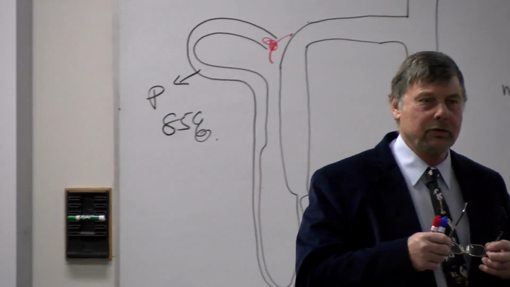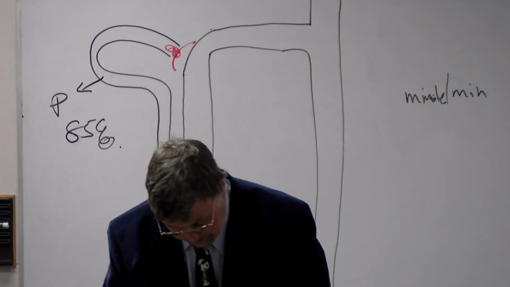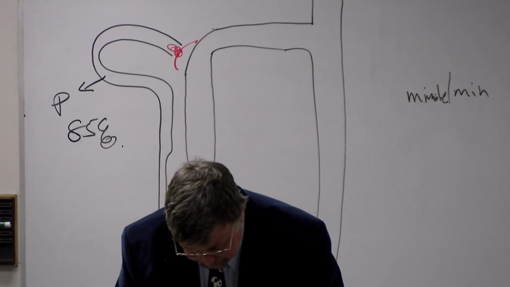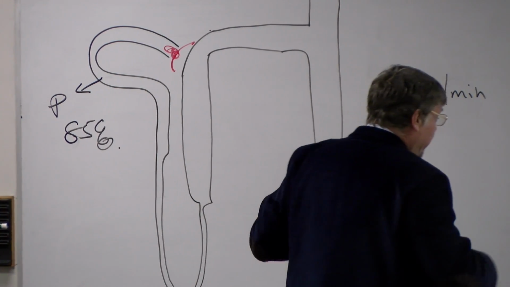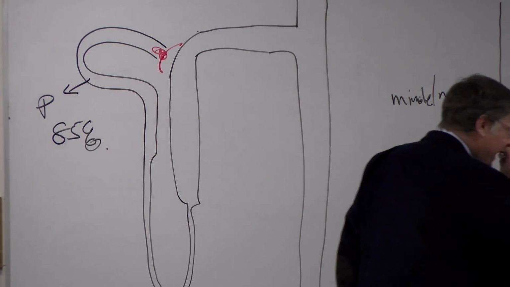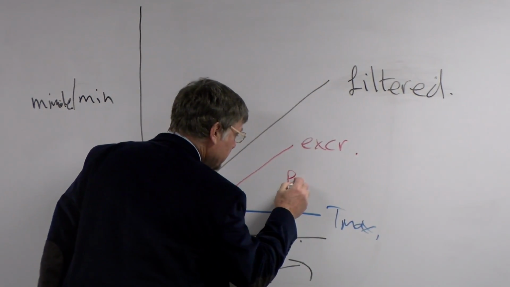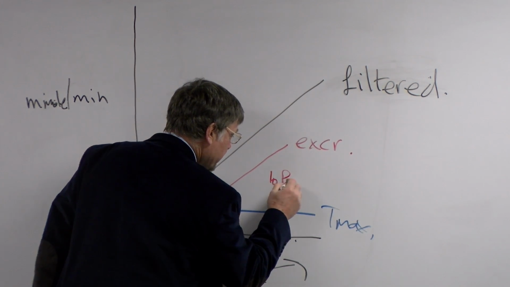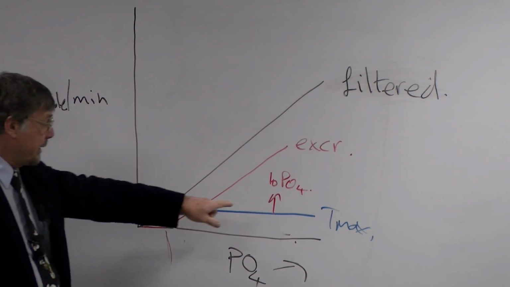This is an old diagram, 1944. But the facts don't change, so it's good. The other thing is that if you're on a low phosphate diet, you can raise the Tmax.